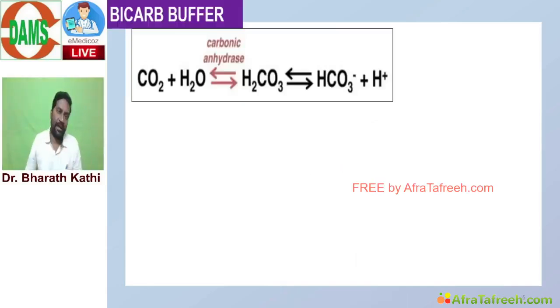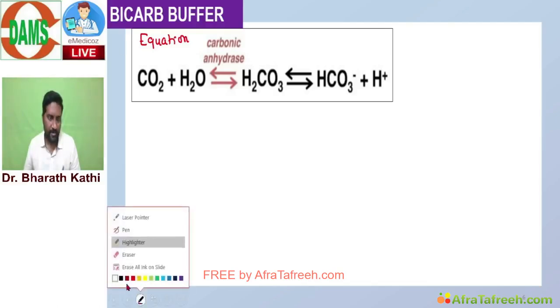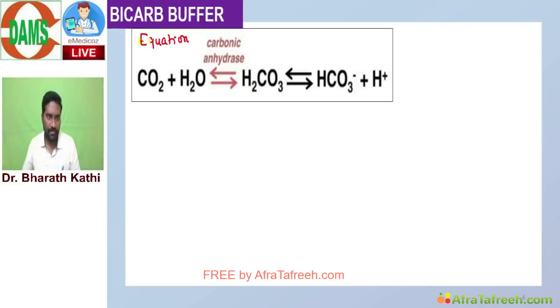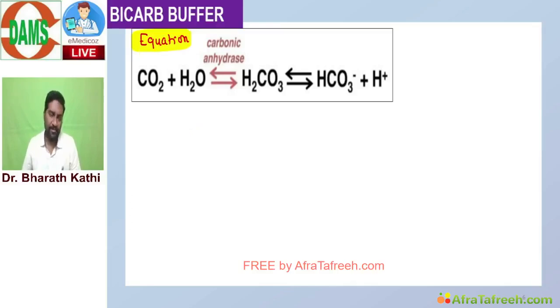Now this bicarb buffer works on this equation. The bicarbonate buffer: CO2 plus water, with the help of carbonic anhydrase, is going to give rise to carbonic acid, which will give rise to bicarbonate plus H plus.